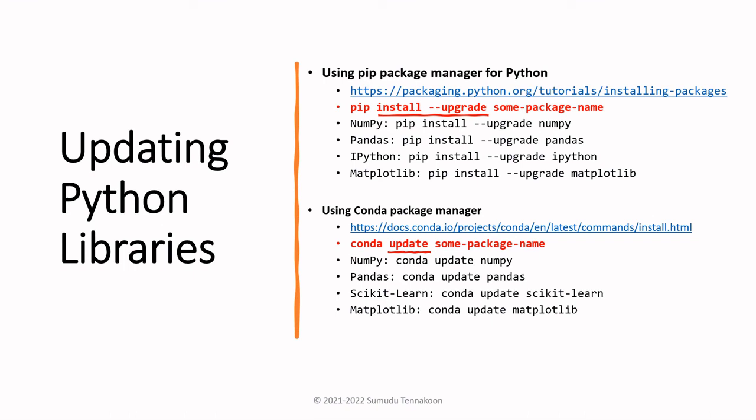Using the --upgrade switch, if updates are available, it will update the package for you. If you use Conda's package manager, you can simply do this by giving the command conda update and the package name. If a new package update is available in Conda, it will update the package for you.